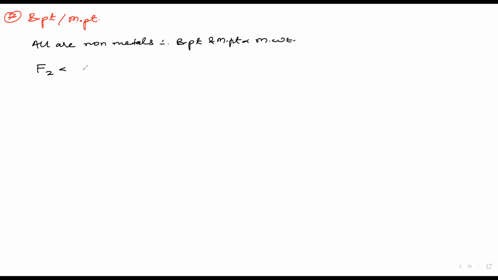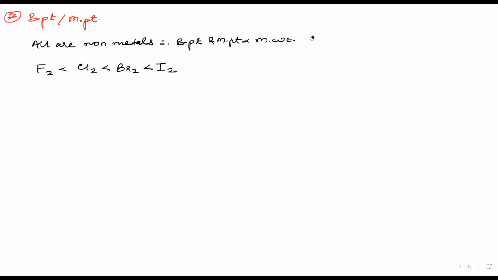So F2, then Cl2, then Br2, and then I2. We have also seen that F2 and Cl2 are gas, Br2 is liquid, and I2 is solid. So that also confirms this trend in boiling point and melting point.